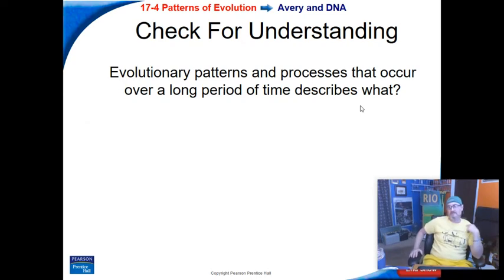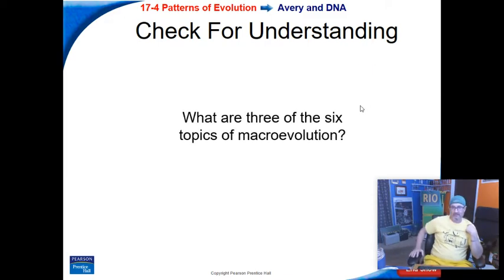Okay, please use this as an opportunity to practice with your notes. Evolutionary patterns and processes that occur over a long period of time describes what? Take a look back at number 34. Yeah, that's macroevolution. Good. 3 of the 6 topics or categories of macroevolution.